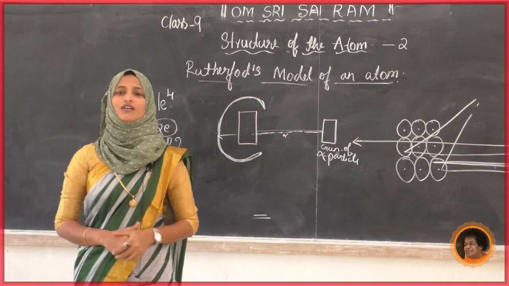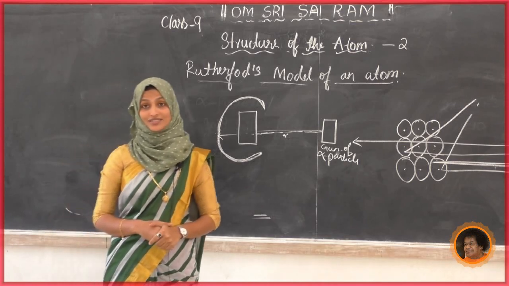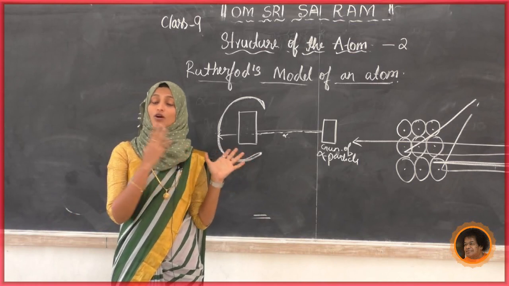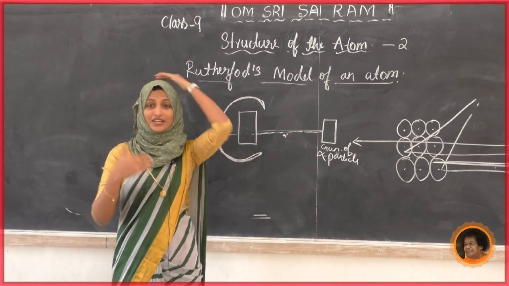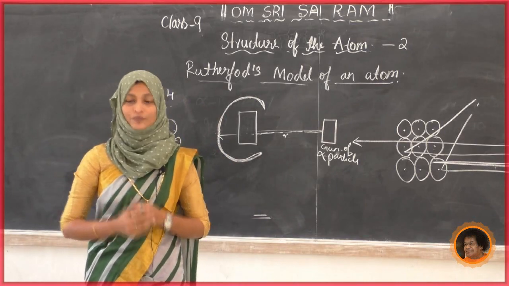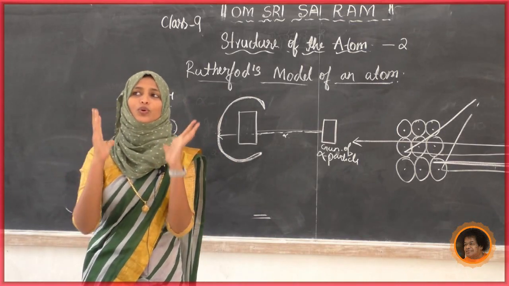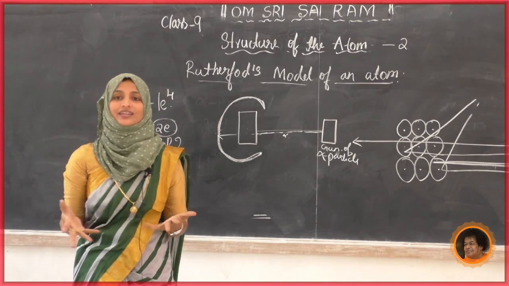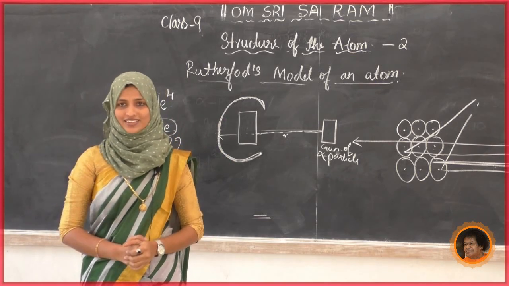So let us recall what we have studied in today's class. In the previous class we studied the Thomson model of an atom. We continued with the second model, the Rutherford model of an atom. Actually he wanted to know the arrangement of electrons in an atom, but unexpectedly he got a different result.